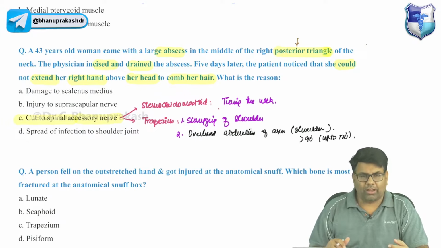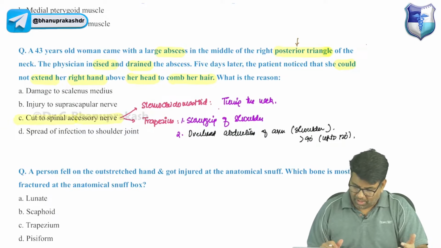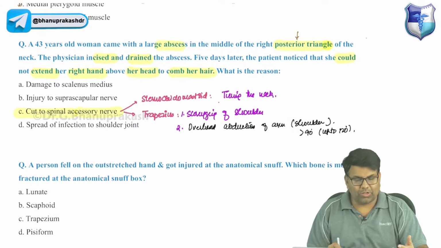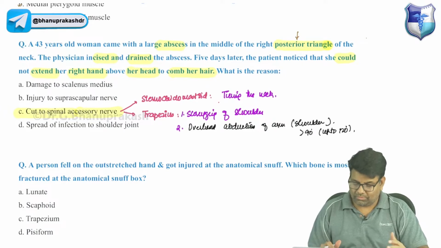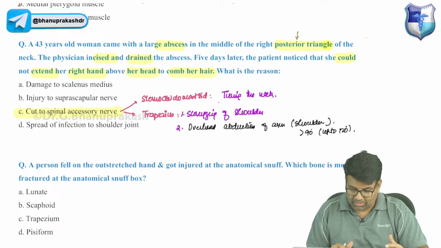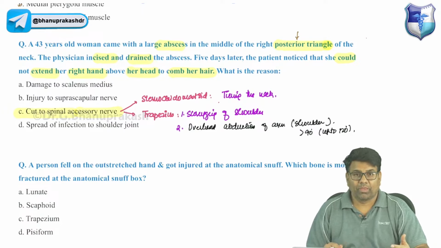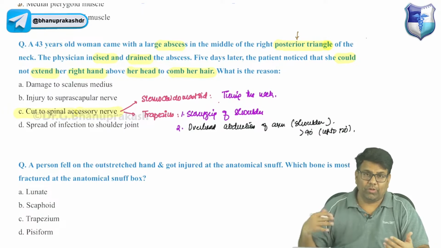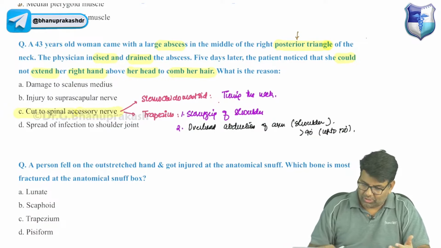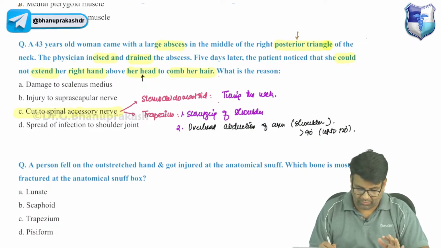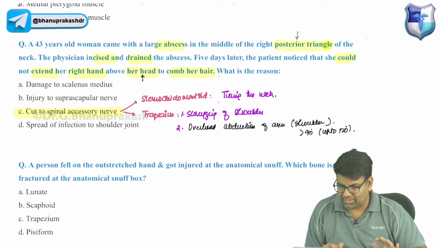This is done by trapezius and supported by serratus anterior. So whenever there is a cut injury to the spinal nerve, sternocleidomastoid movement will be gone, and also the action of the trapezius, that is shrugging of the shoulder, as well as overhead abduction. In this particular case, the description is about the involvement of the trapezius muscle as such.